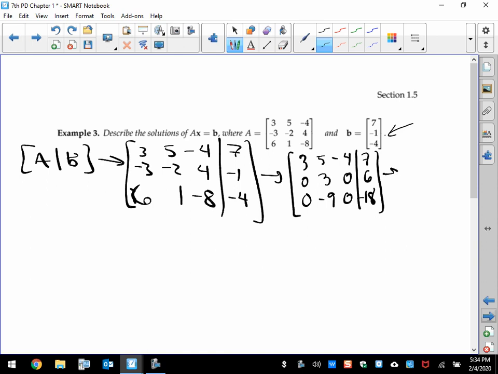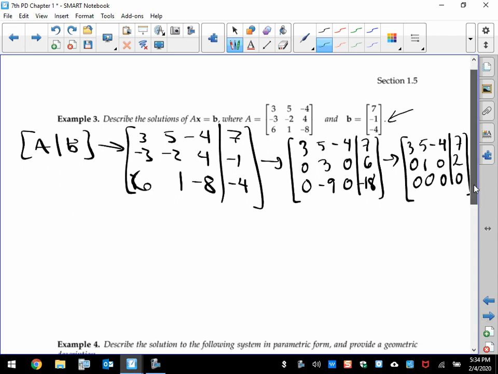And then we're going to see that last row eliminated. So we'll divide row 2 by 3, and then row 3 will be eliminated by taking 3 times row 2 and adding it to row 3. So this row is eliminated.